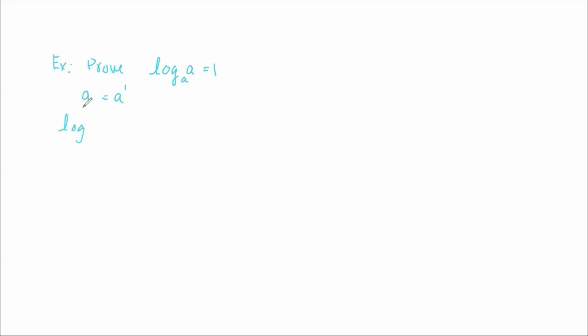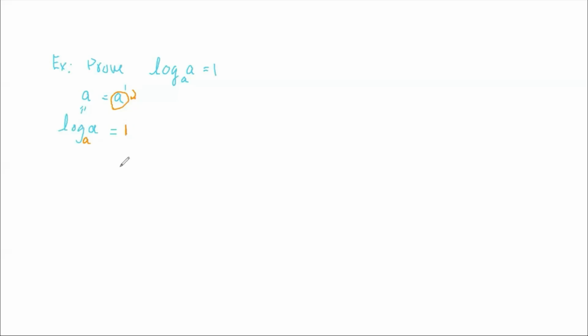Take log of this one, a equal to, and then this is the base of the exponent. I move this a down to be the base of the log. And then the number one takes the place of this a. So one is going to lie down here.